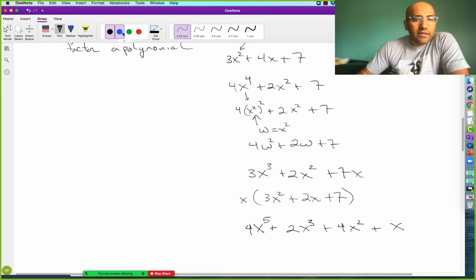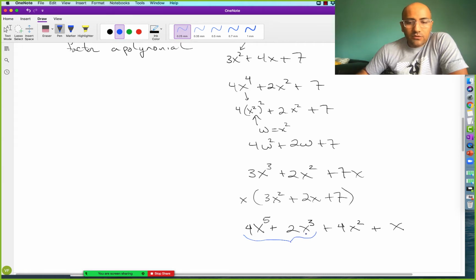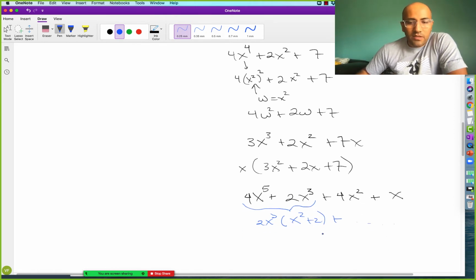Well, in cases like this, one of the only tricks we can apply is to think about factor by grouping, right? So we group up these two, see what they have in common, a 2 and an x to the 3rd power, and then what remains is an x squared plus 2, and then we keep going, right. So I just made this one up, so it's not going to work out, but that was my point.